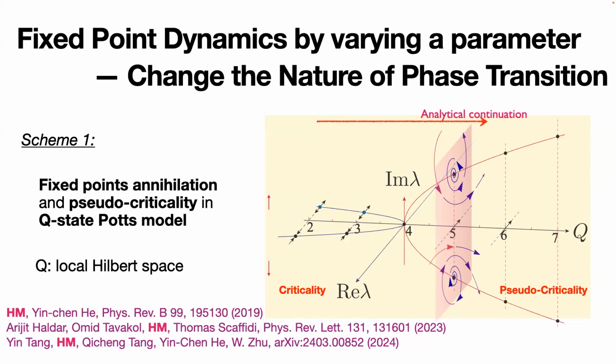So this can actually tell us that by tuning Q, the number of local Hilbert space states, we actually realize the change from a second order phase transition to a first order phase transition. That transition is the order to disorder phase transition in the Potts model. So that physical phenomenon can be explained by this fixed point dynamics.